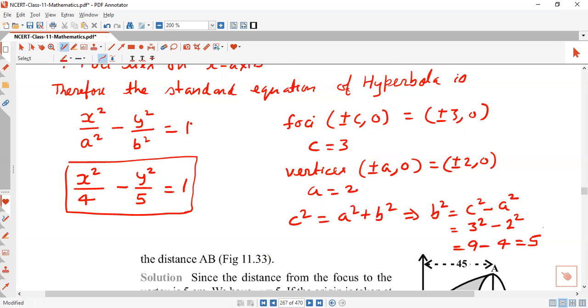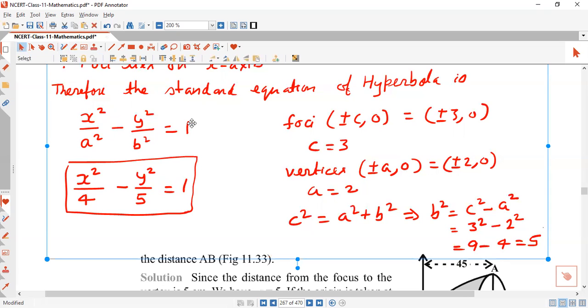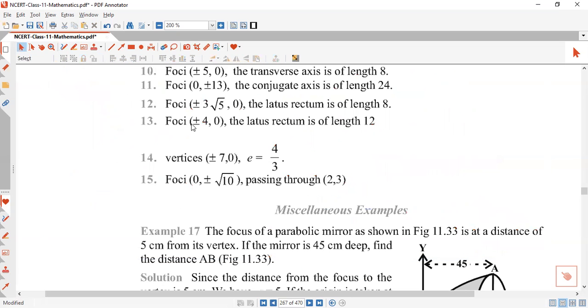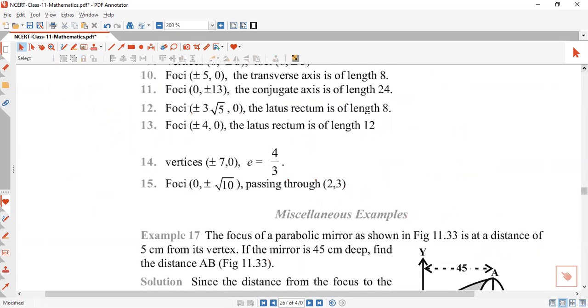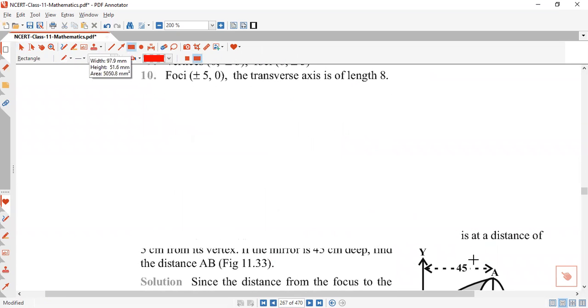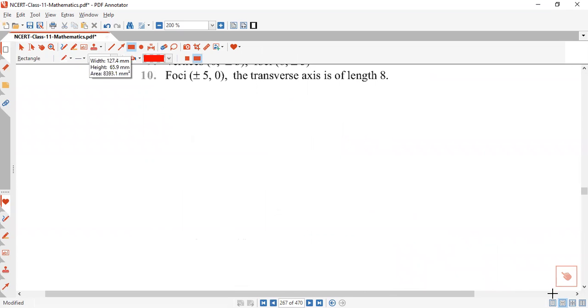Now we want to do question number 10. In this question number 10 again, we have to find out the standard equation, the equation of the hyperbola that satisfies these conditions. Again, you see the foci lie on the x-axis.